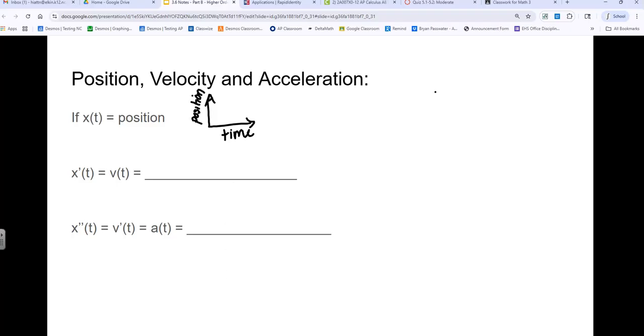If I take the derivative of that, that would be change in position, which is really a distance, over change in time. What is your change in position or change in distance over time? Velocity.